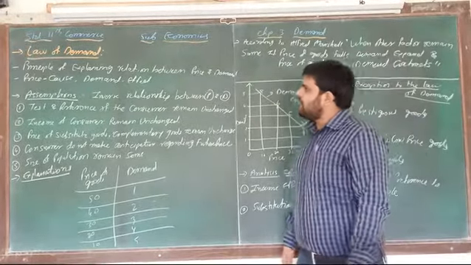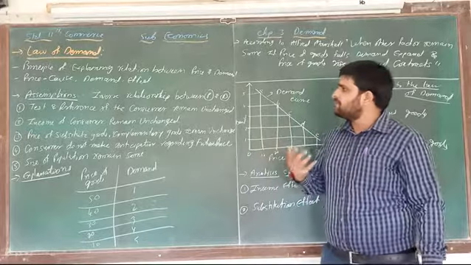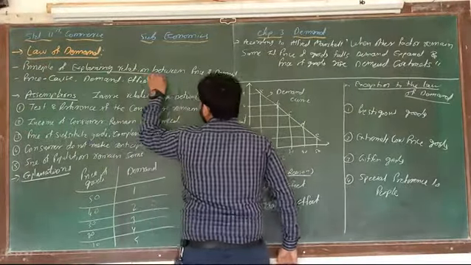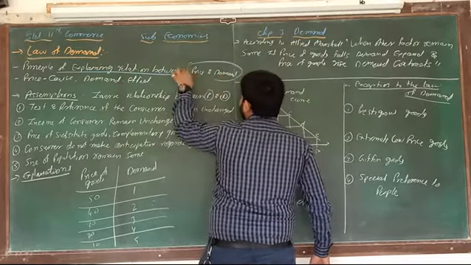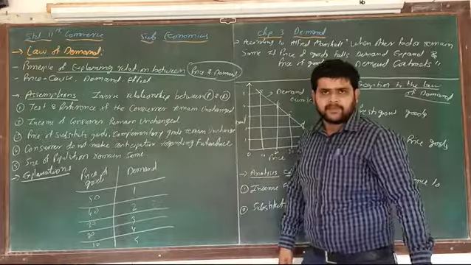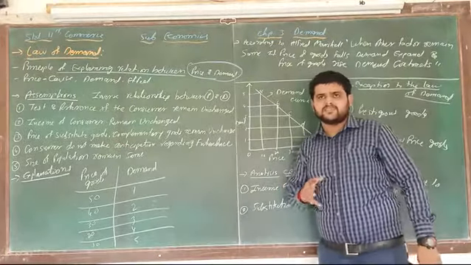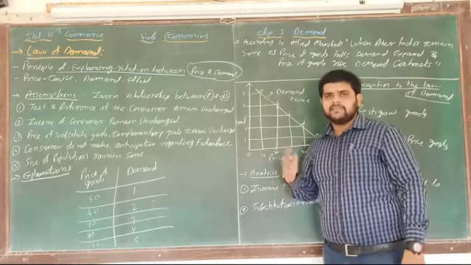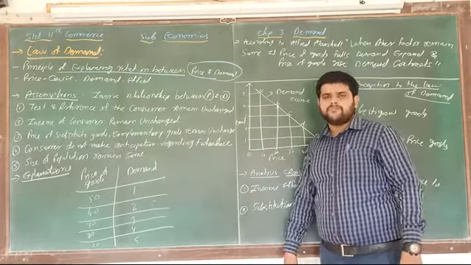So here first of all we learn what do you mean by law of demand. The principle explaining the relation between price and demand is called law of demand. Whatever principle shows the relation between price and demand is called law of demand.